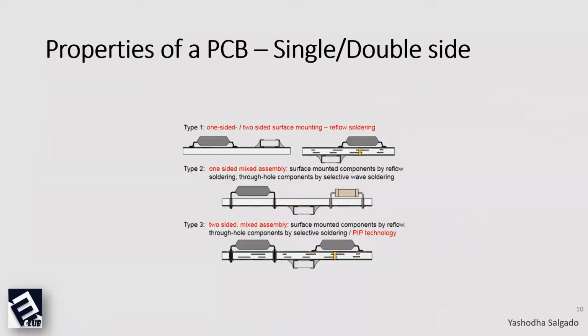There are also other properties that depend on the component mounting type. Type 1 is one side mounting. I'm talking about this image. You can see there are two components mounted on the top side, and both are SMT.